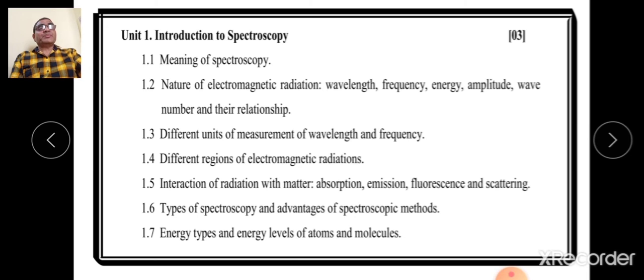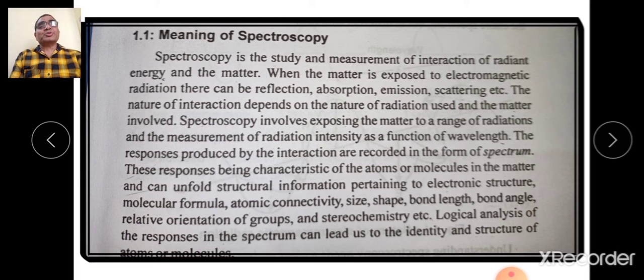Now in the meaning of spectroscopy, what is meant by spectroscopy? Spectroscopy is the study and measurement of interaction of radiant energy with the matter. When matter is exposed to the electromagnetic radiation, then there may be reflection, absorption, emission, scattering of light.